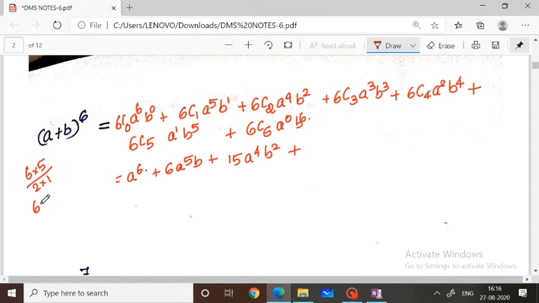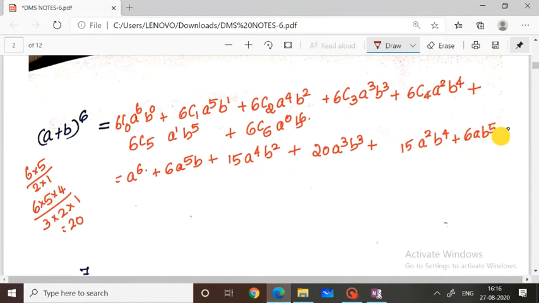You can calculate 6 into 5 into 4 divided by 3 into 2 into 1, which is equal to 20. So here 20 a raised to 3 b raised to 3 plus 6c4, which is again 15 a square b raised to 4 plus 6a b raised to 5 plus b raised to 6. This is the answer.